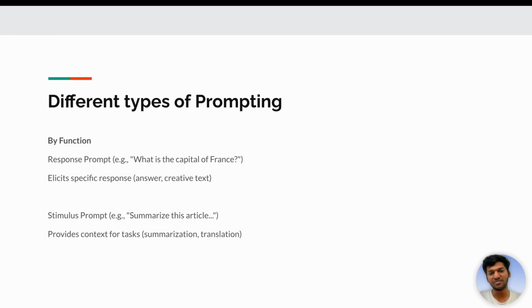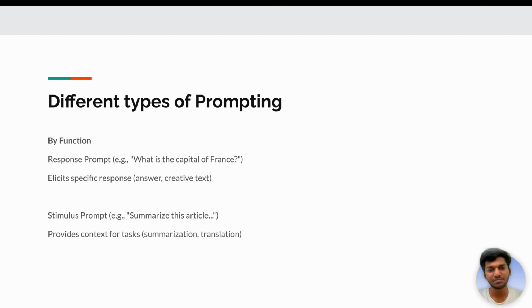Basically, it will contain the whole content or needed information to perform a task. For example, summarizing the following article: we must first provide the article, then ask it to summarize it, or we provide the article totally and ask it to translate it.